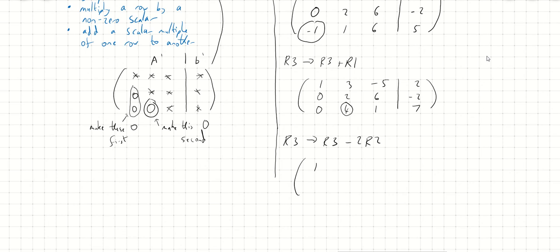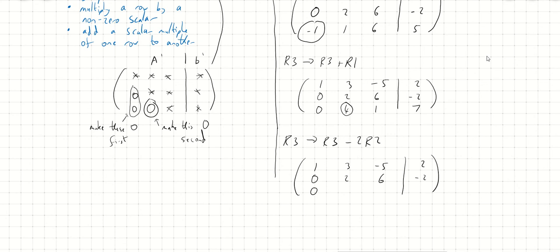So let's do that again. Row 1 is unchanged: 1, 3, minus 5, and 2. Row 2 is unchanged: 0, 2, 6, minus 2. And row 3, we're going to replace it with row 3 minus 2 lots of row 2. Well, that doesn't affect the first column, because 0 minus 2 lots of 0 is still 0. So that's good. We haven't changed that 0.